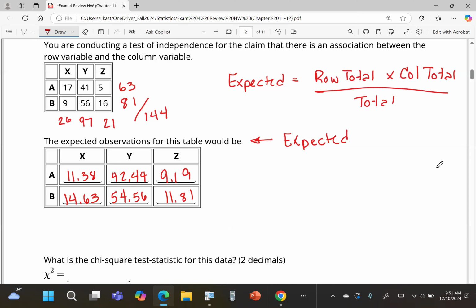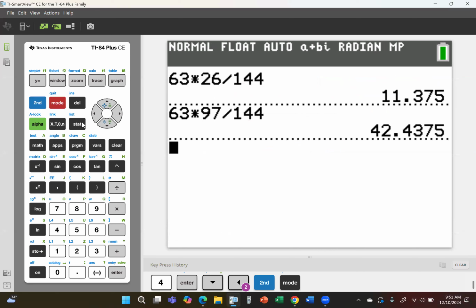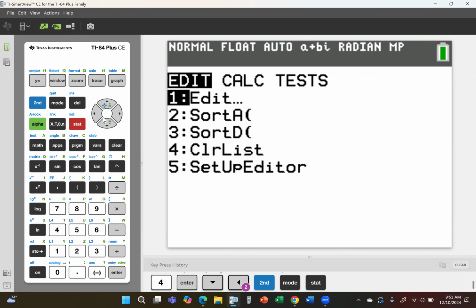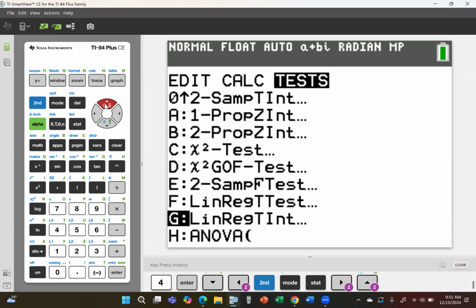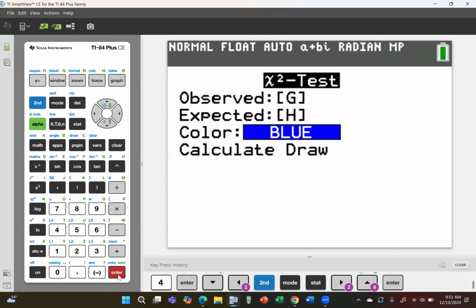So we're going to go over to stat. Let's get out of our matrices first. We're going to go stat tests, and we're going to find the chi-squared test, which is C, correct? This is not a goodness of fit test. This is a test of independence. So we're going to use the chi-squared test. Where did I put my observed values?